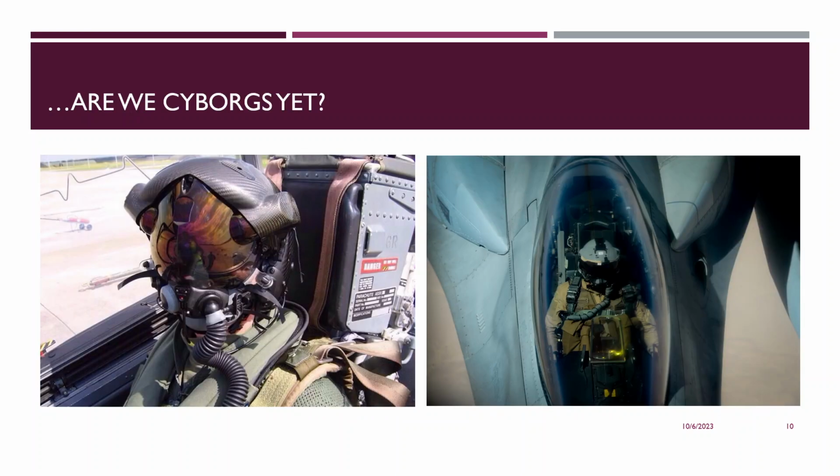Now, I asked the question kind of quickly, are we cyborgs yet? Well, look at what F-22 and F-35 pilots use, and I think, if memory serves, that is an F-16 on the right-hand side. But on the left-hand side, that is an F-22, F-35 heads-up, head-mounted display.